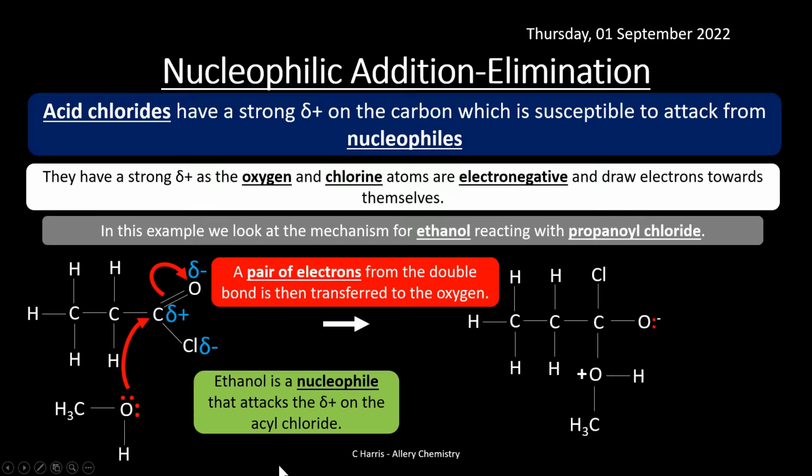And this is where you have an intermediate. So you've got the whole molecule here, the oxygen, which has a positive charge now, and you've got a negative charge on the side there. So what we've done is we've added, this is the addition bit, we've added the alcohol to this intermediate here. Now you can see this doesn't look very stable at all, does it?